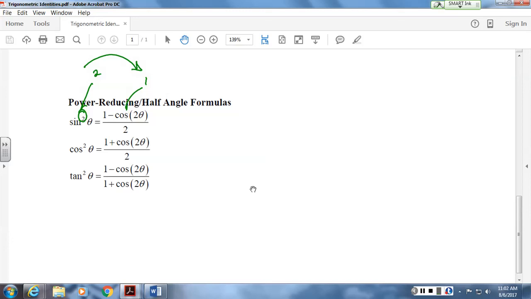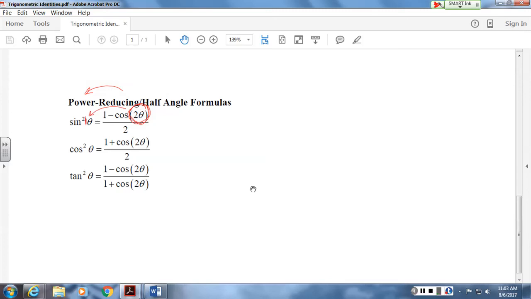If instead we use the function in this direction, then look at what's happening here. We have a double angle that is being reduced, right? It's double angle because it says 2 times theta, and it's being halved to just a 1 theta.